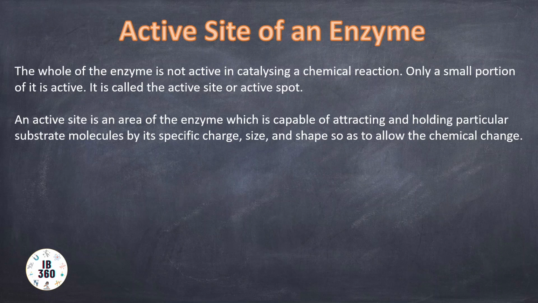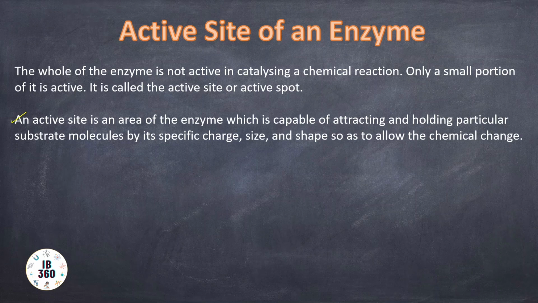And therefore, the definition for active site is: it is an area of the enzyme which is capable of attracting and holding particular substrate molecules by its specific charge, size, and shape so as to allow the chemical change.